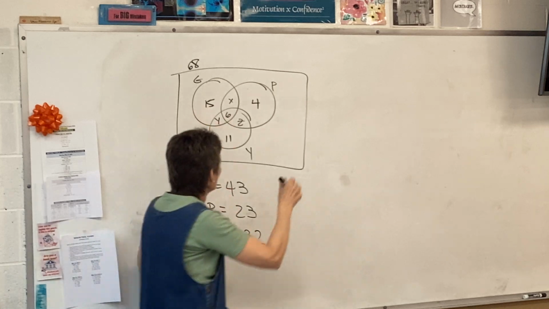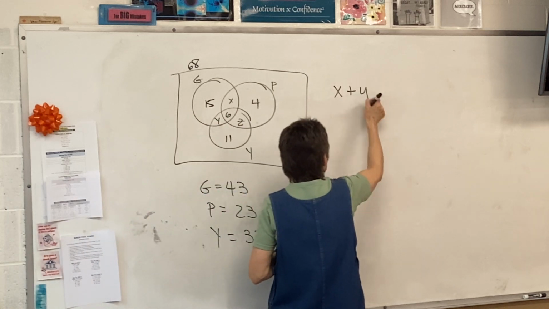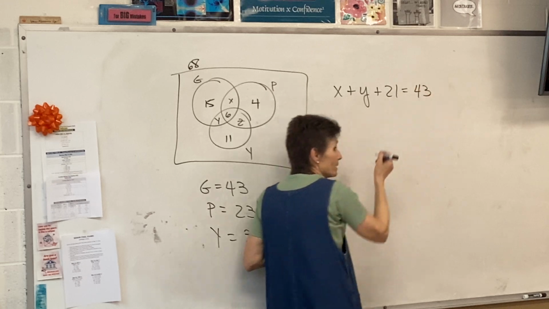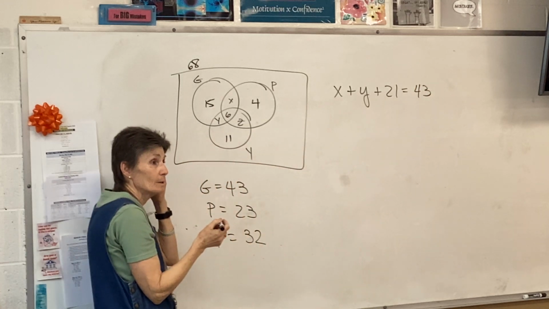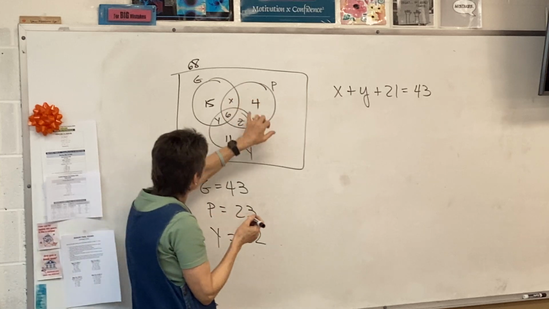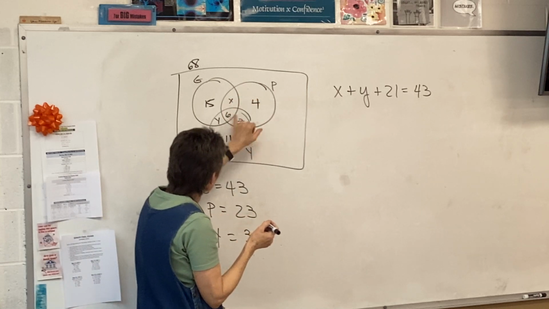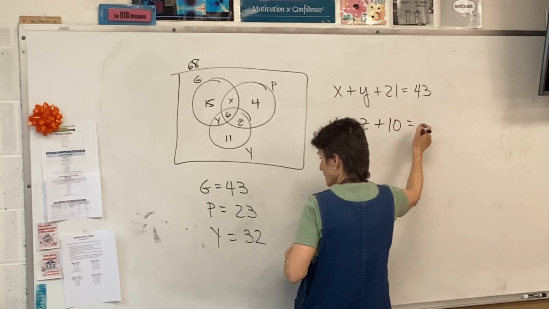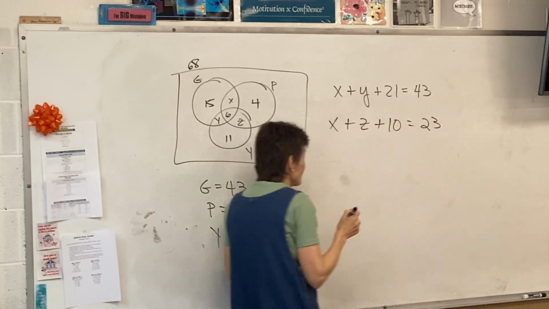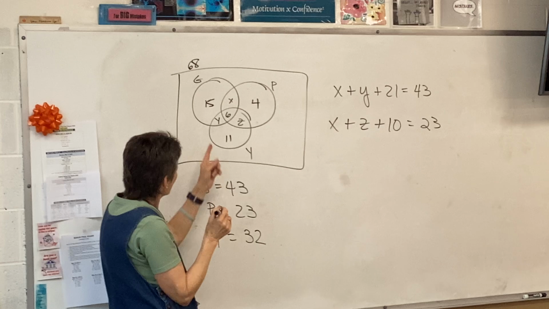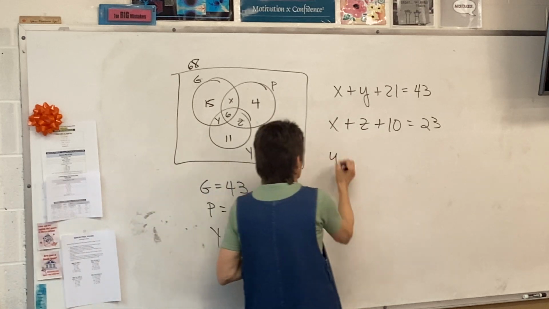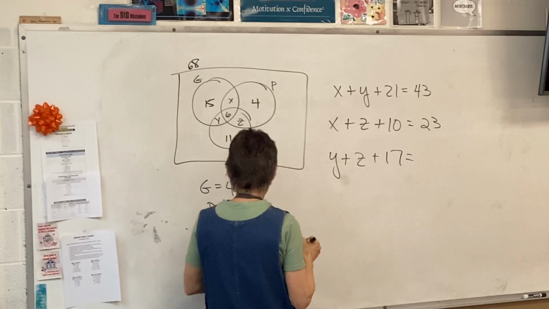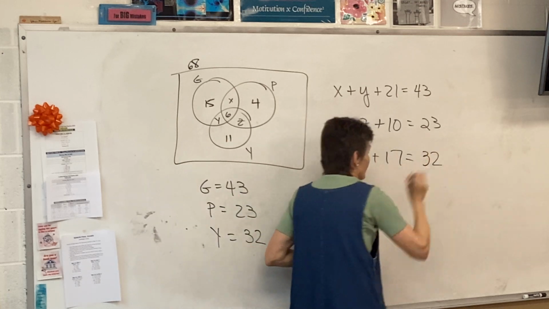So 21 and X and Y has to add up to 43. And then X and Z and 10 has to add up to 23. Those are the purples. And Y and Z and 17 has to add up to 32. Those are the yellows.